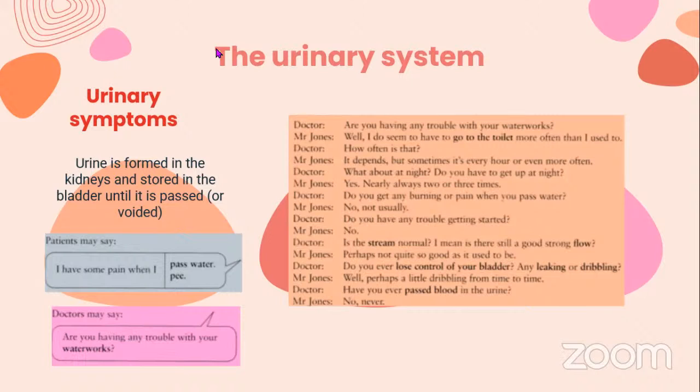No, not usually. Do you have any trouble getting started? No. Is the stream normal? I mean, is there still a good strong flow? Perhaps not quite so good as it used to be. Do you ever lose control of your bladder? Any leaking or dribbling? Well, perhaps a little dribbling from time to time. Have you ever passed blood in the urine? No, never.